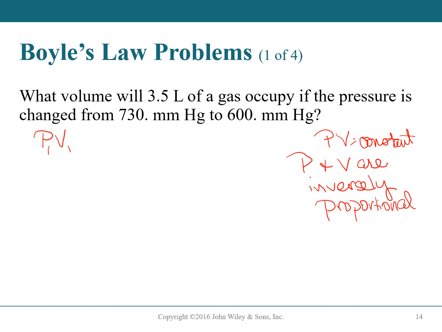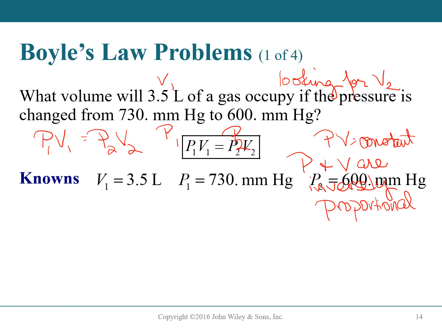Okay, so the equation that we use will be P1V1, my initial pressure and initial volume, is equal to P2V2, my final pressure and my final volume. In this case, we have V1, this is P1 and this is P2. We're looking for V2, so we'll just put our numbers in our formula.